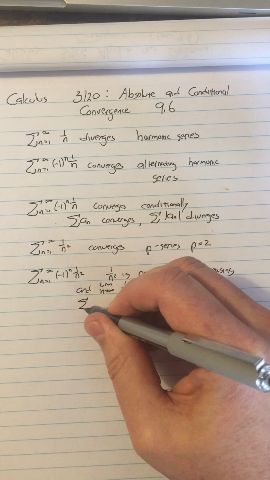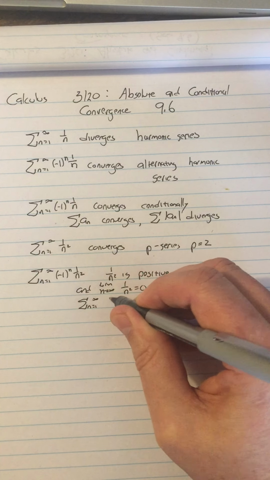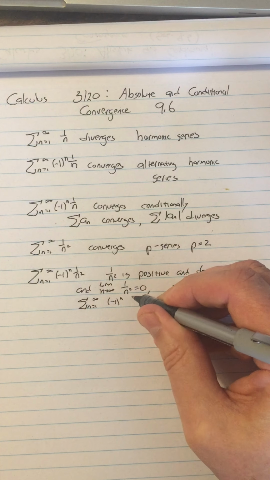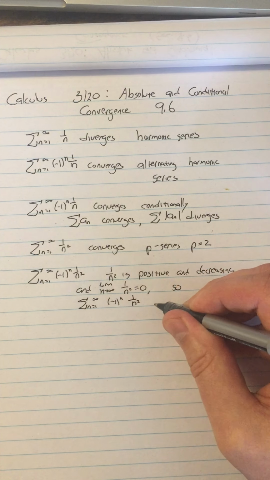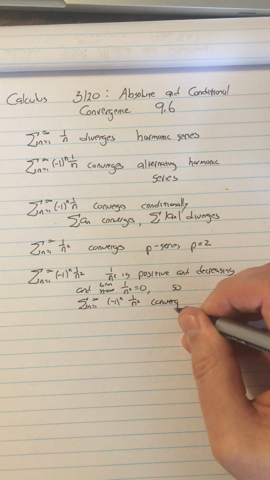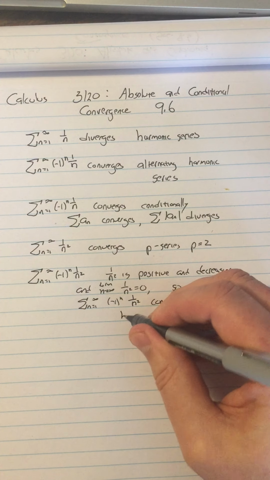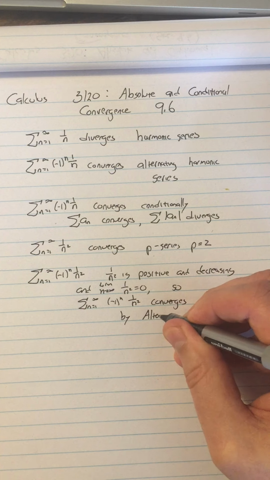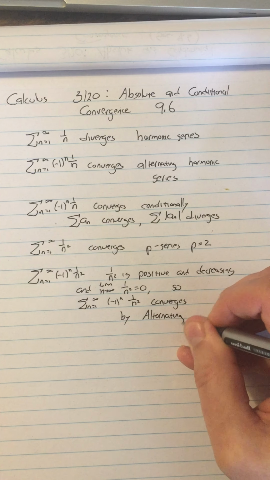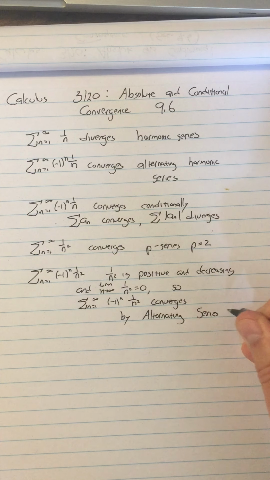So the sum from n equals 1 to infinity of negative 1 to the n of 1 over n squared converges. And if I want to justify this, I have to say by the alternating series test.